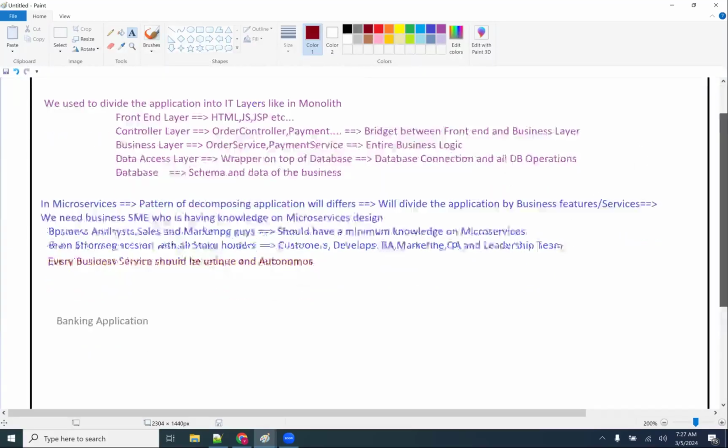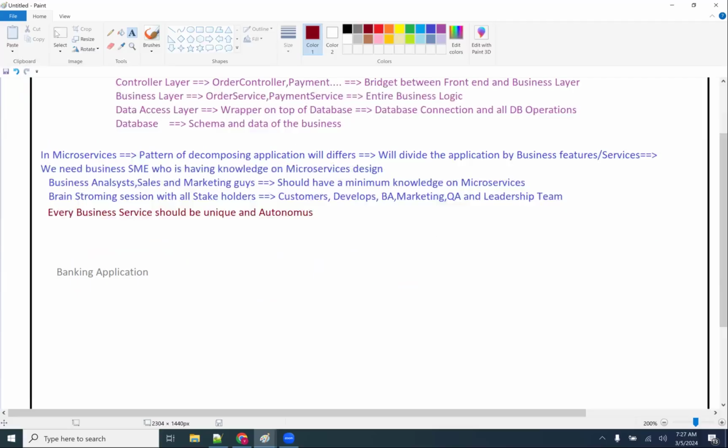And it's independent, with no relation to anyone. It should be independent and it should be unique. So this is the classification we are going to have here. This is the typical introduction part.